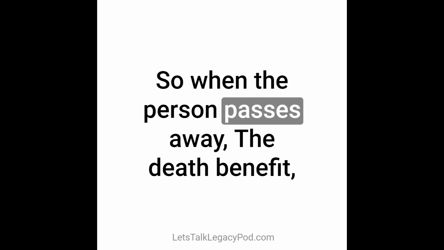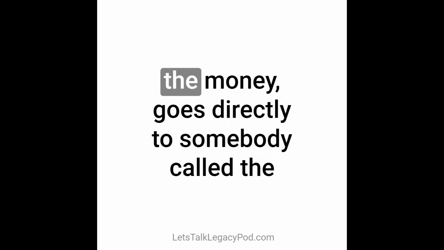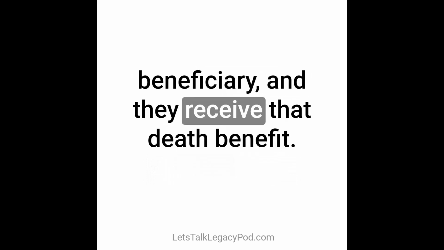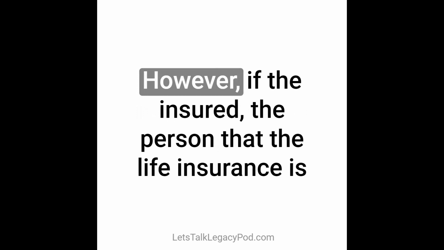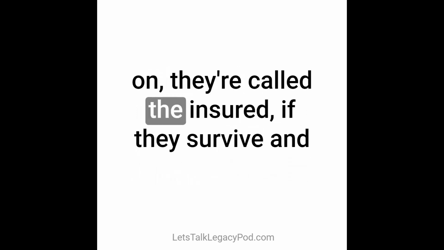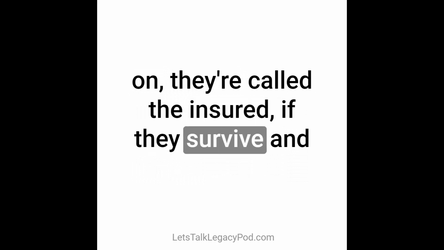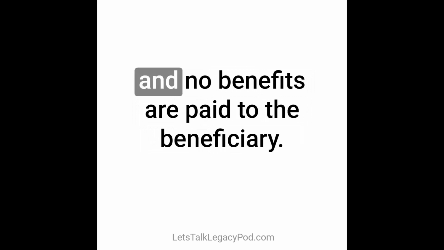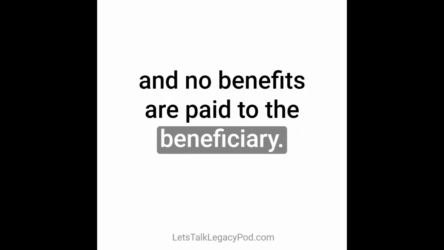So when the person passes away, the death benefit, the money, goes directly to somebody called the beneficiary, and they receive that death benefit. However, if the insured, the person that the life insurance is on, survives and outlives that term policy, then that policy expires and no benefits are paid to the beneficiary.